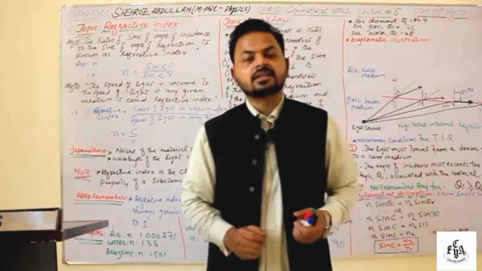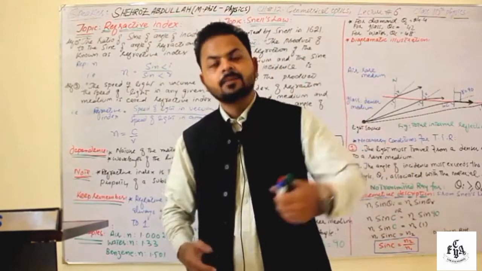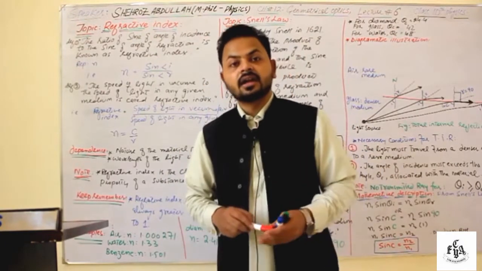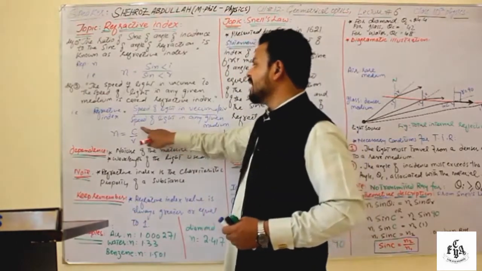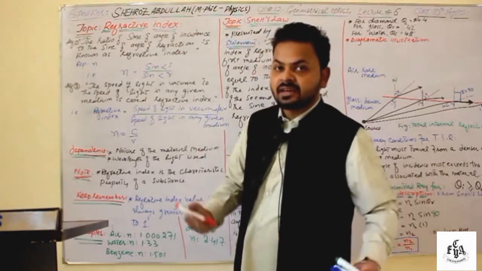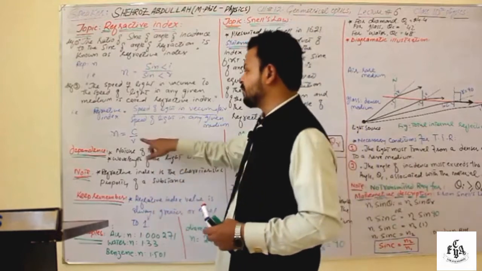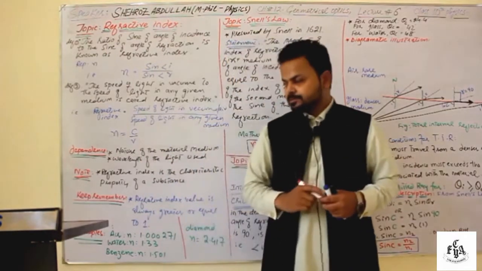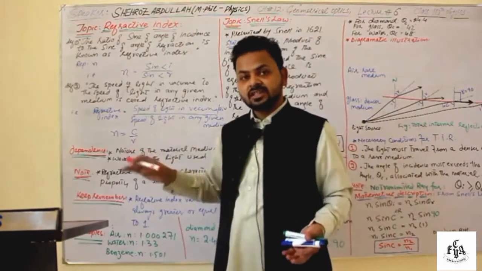We know that refractive index is represented by n, the speed of light in vacuum or air is represented by c, and the speed of light in any given medium can be represented by v. So we can say that n is equal to c by v. This was the second definition of refractive index.